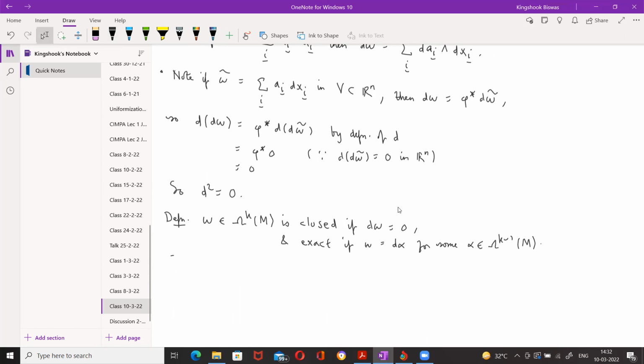So we can define the de Rham cohomology H^k de Rham of M. This is defined to be the space of closed forms modulo the exact forms.